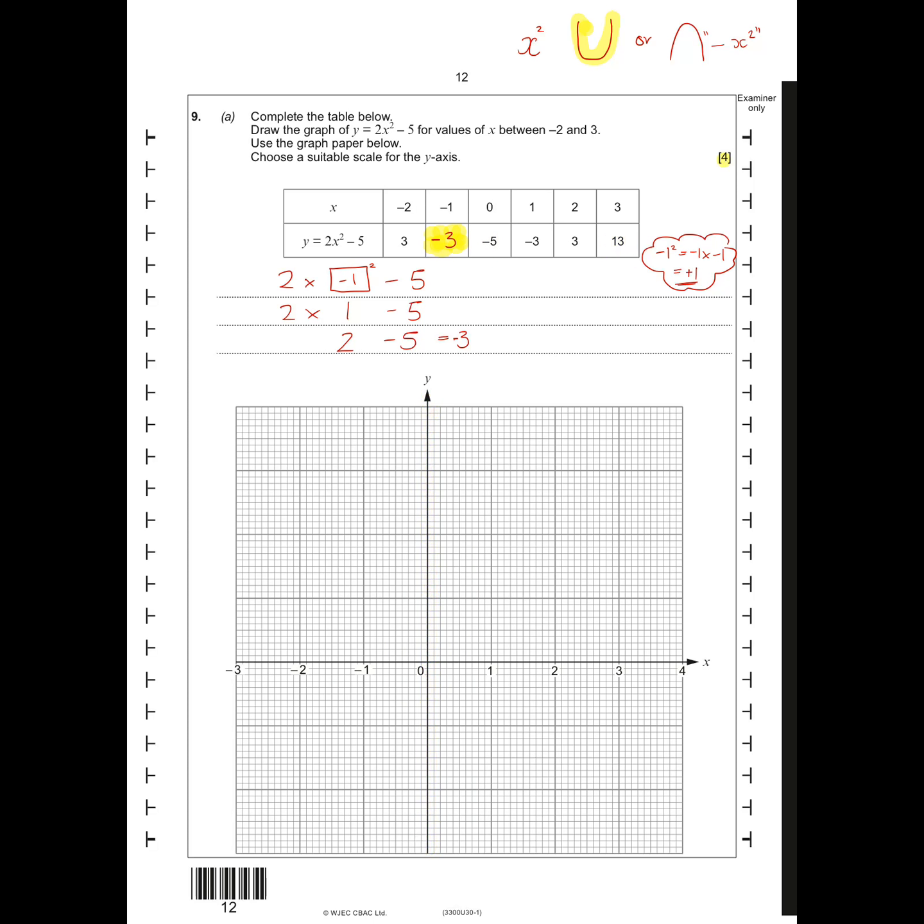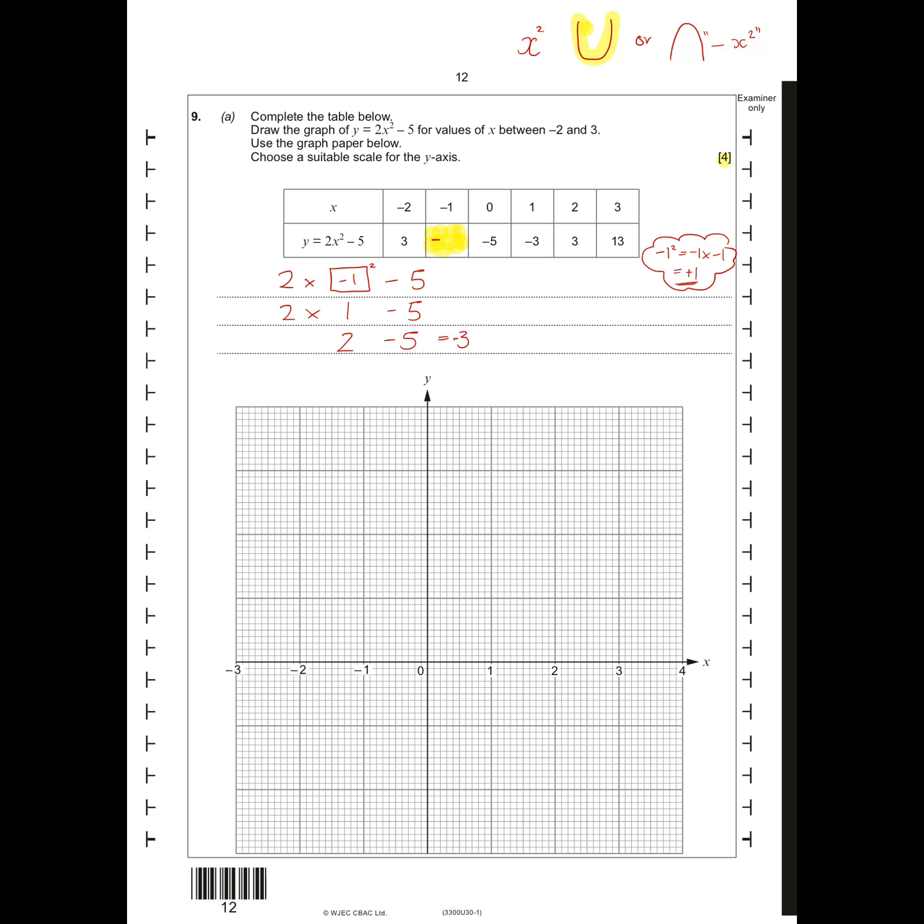So marks for plotting. I'm thinking 5, 10, 15, 20. Yeah, I'm going to count up in 5s.